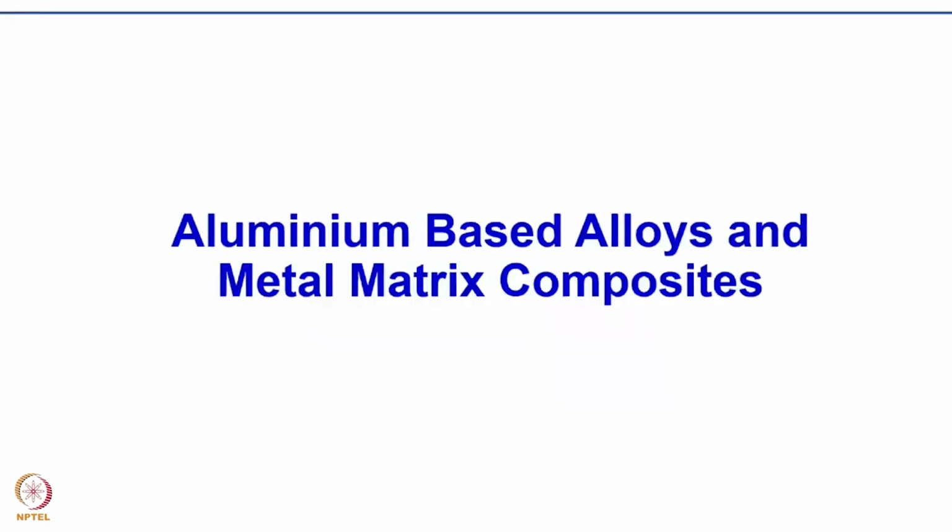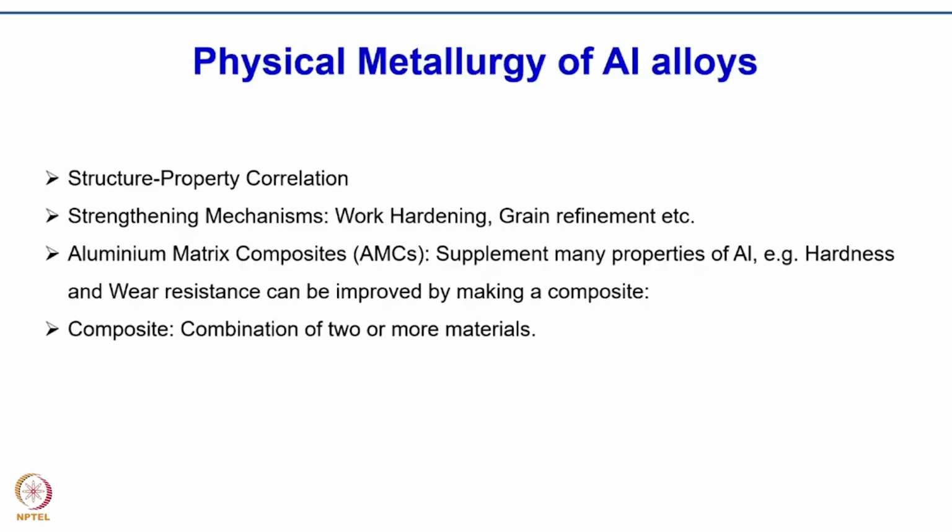Hello and welcome back to this lecture series on aluminum based alloys and metal matrix composites. Over the past several weeks we have been talking about aluminum and its alloys, and we have learned about different aspects of aluminum alloys, particularly the physical metallurgy.